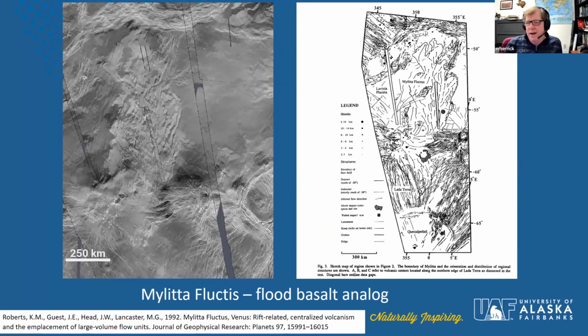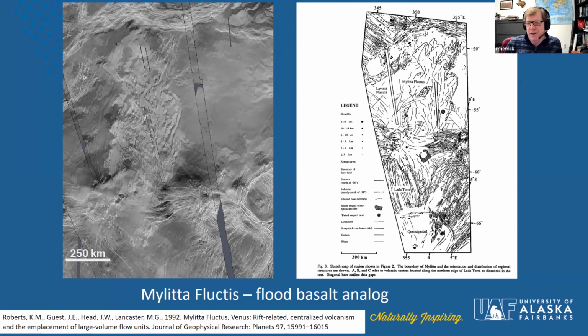All right, so this is an image of Mylita Fluctus, which is a pretty good analog for some of the flood basalts that occur on Earth. And in what way is it an analog?